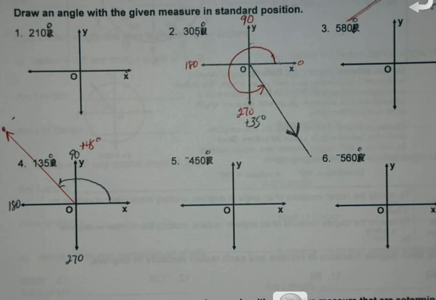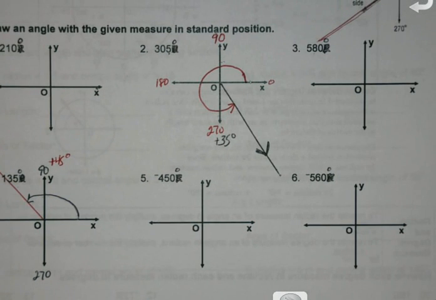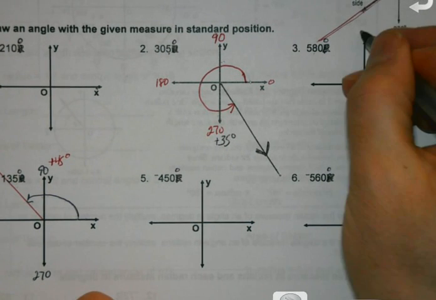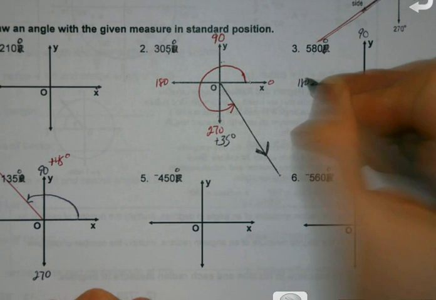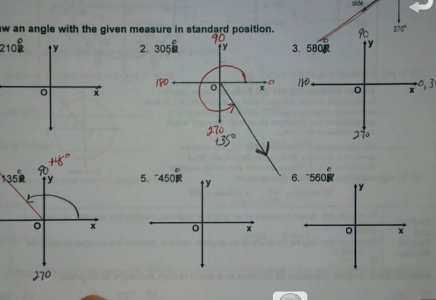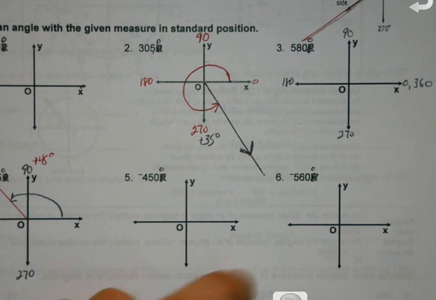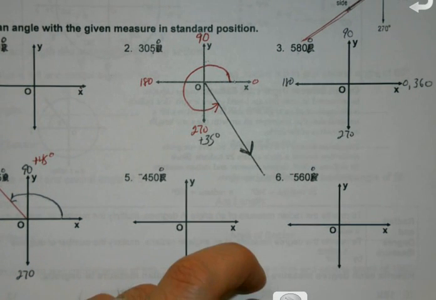So, what happens if I get something bigger than 360? Because I can do a full rotation on here, you know, 90, 180, 270. Even if I skip here, okay, 90 more would be 360. Well, then what? I can keep adding and working my way around.